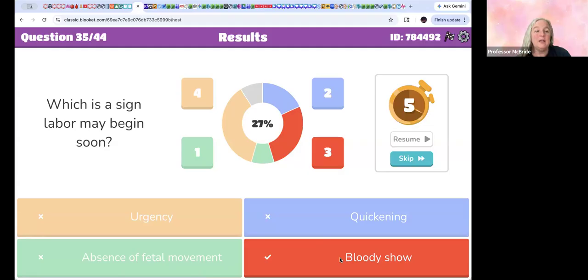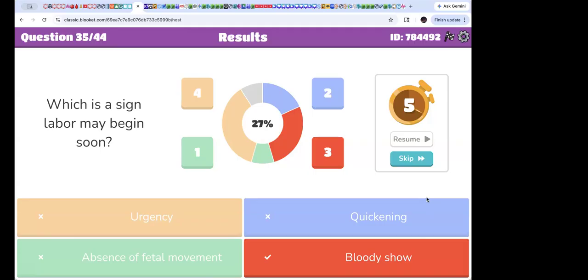Bloody show can be a sign because she could lose her mucus plug, which is mucousy and has blood in it. We also can see bloody show as the capillaries are breaking, as the cervix is softening and effacing or thinning, even if it doesn't mean she's in labor. But if she's starting to have some blood on her tissue, that can definitely be a sign that labor will be starting soon.